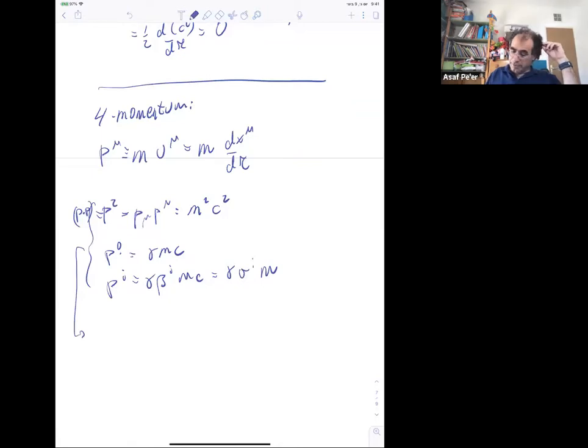Of course, p0 is just E over c. This is something which you'll show at home. And this is just the square root of p_i squared plus m squared c squared, which you get from here right away.